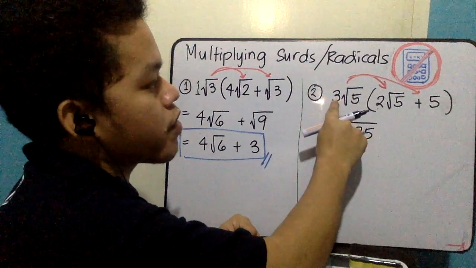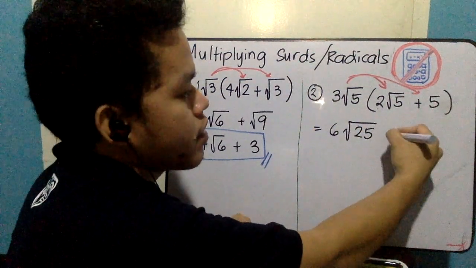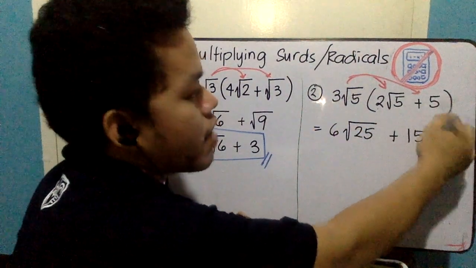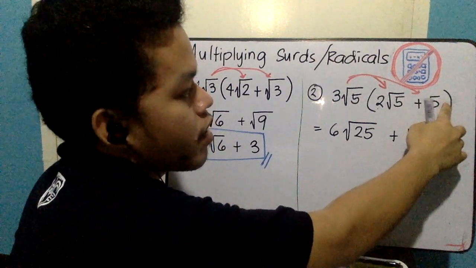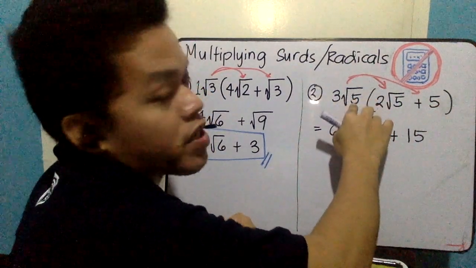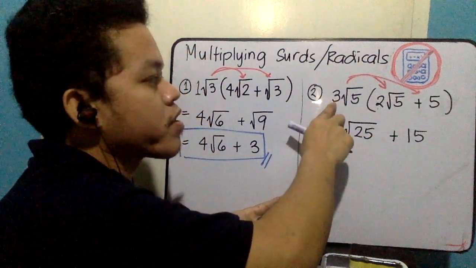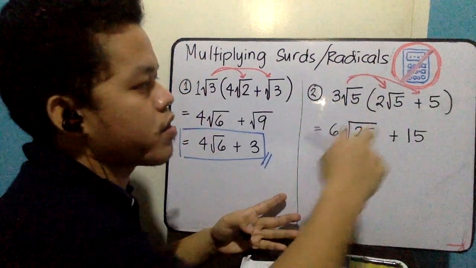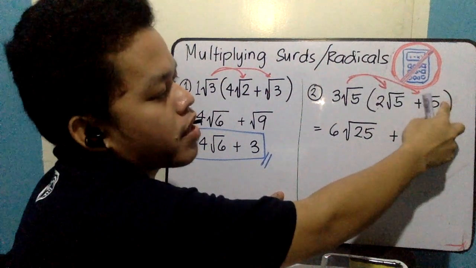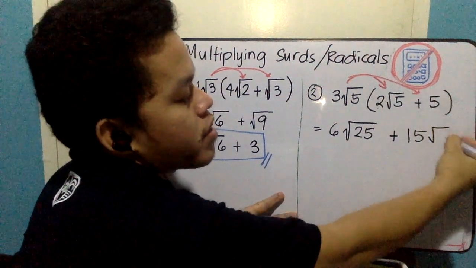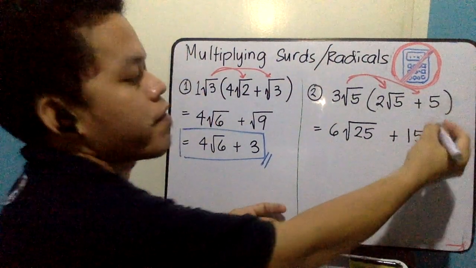Then 3 times 5 is equal to 15, and since there are no radicals here, you're not going to multiply 5 by square root of 5, because it's numerical coefficient versus numerical coefficient, surd versus surd. Here we have no surd, so that will just be square root of 5.